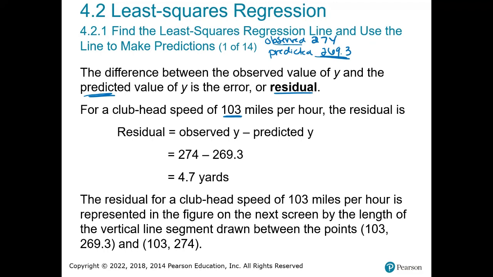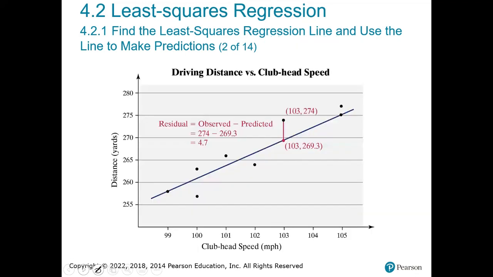So between what I predicted with my line and what I observed, I have a difference of 4.7 yards. I'm going to show you that on the next line here. This value was my observed, and this is my predicted from the line. And you can see how far apart it is.